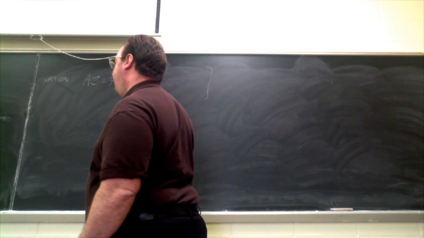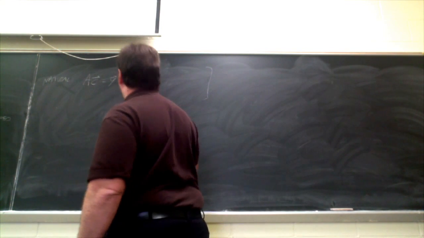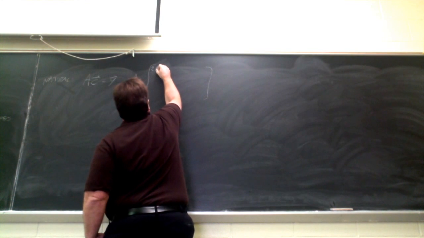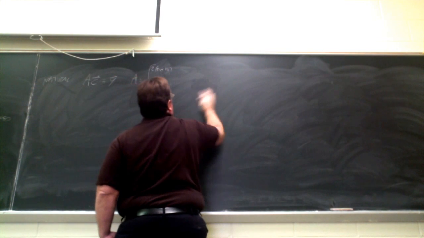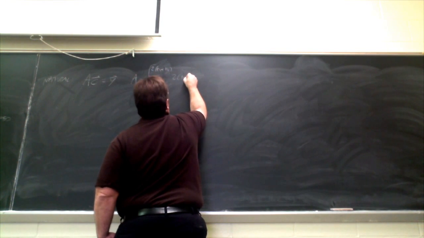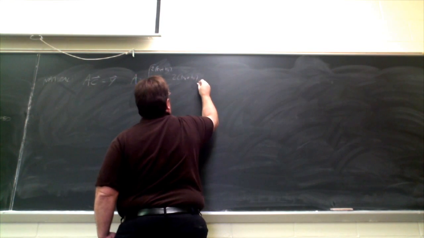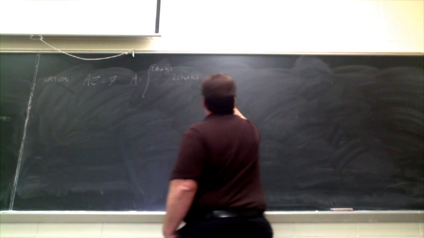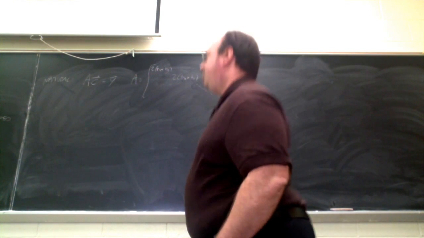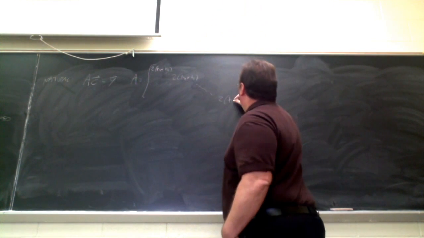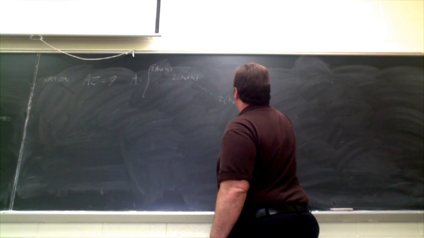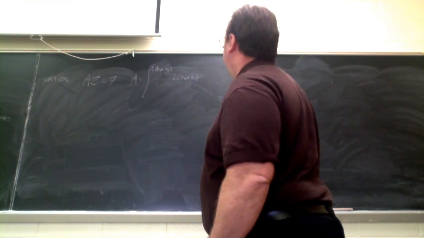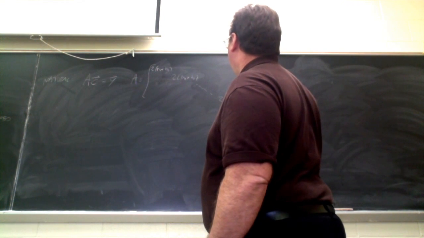Down the diagonal we have 2H1 plus H2, 2H2 plus H3, and so on, down to 2H(n-1) plus Hn, because this would be an n minus 1 by n minus 1 system.